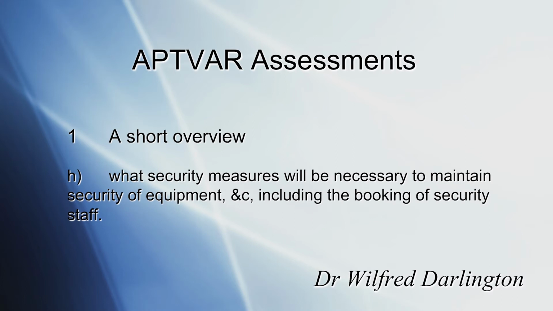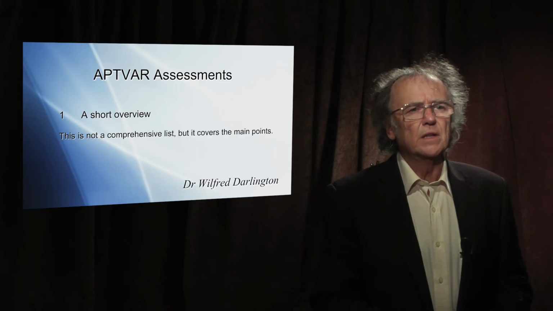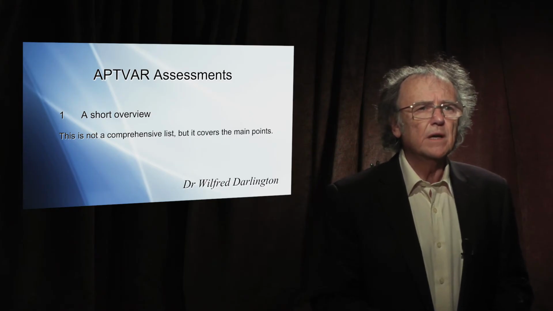What security measures will be necessary to maintain security of equipment, etc., including the booking of security staff. This is not a comprehensive list by any means, but it covers the main points. Well, that wraps up item 1, the general overview.